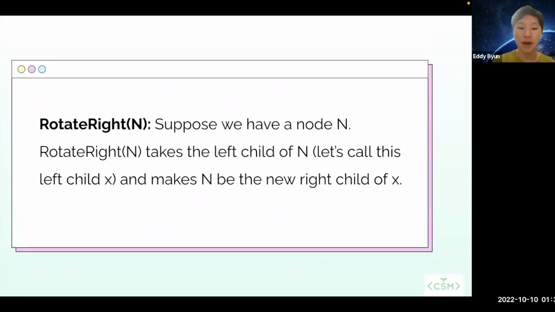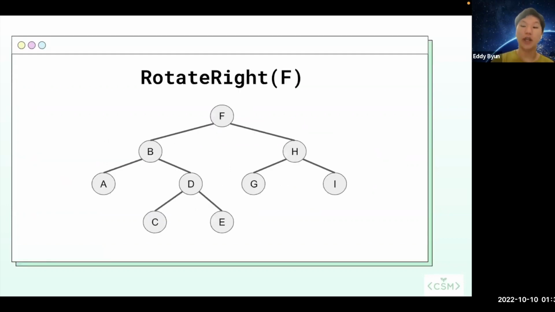The next operation I want to talk about is the rotate right operation. So again, suppose we have a node n and we call rotate right on n. What that's going to do is take the left child of n, and let's call this left child x, and we're going to make n the new right child of x. So again, let's go back to this tree. Let's say I call rotate right on f. We're going to get f's left child, which is b, and make f the new right child of b.